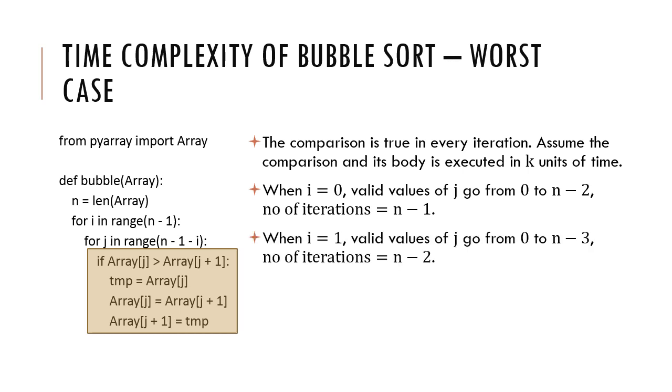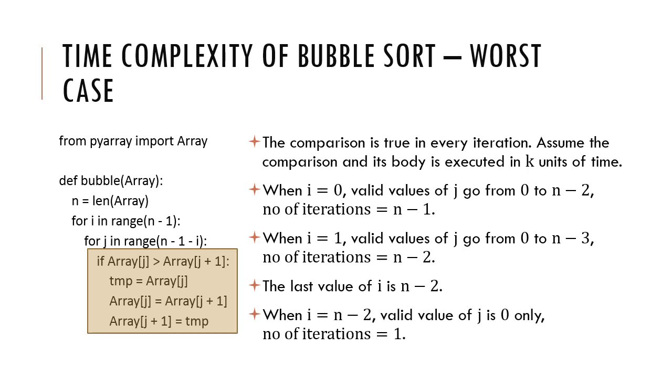When i equals 1, valid values of j go from 0 to n minus 3. Number of iterations is n minus 2. The last value of i is n minus 2. When i equals n minus 2, valid value of j is 0 only and the number of iterations is 1.